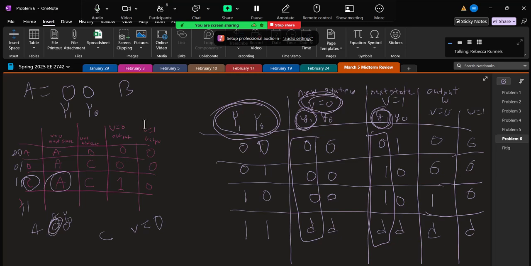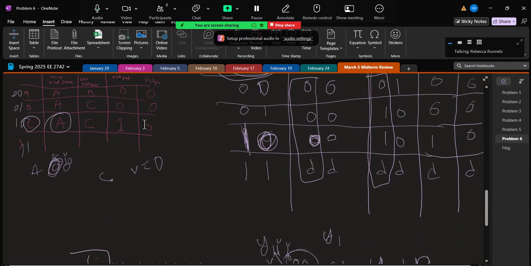How do I get that from this chart over here? I'm currently in state C. That means that I'm right here with 1, 0. V equals 0, so I'm in this first column. I'm looking at y1, which is the first of these variables, and that's 0.